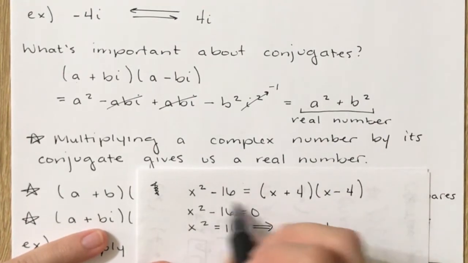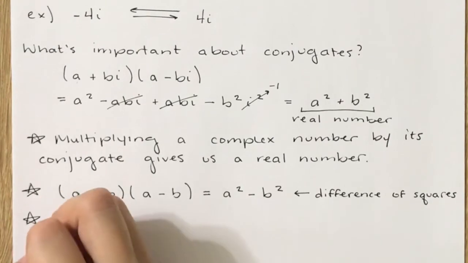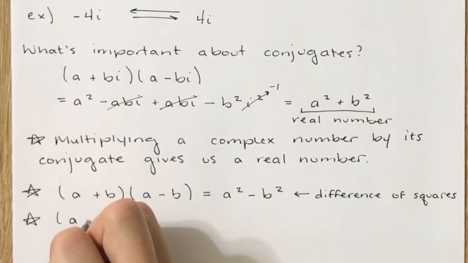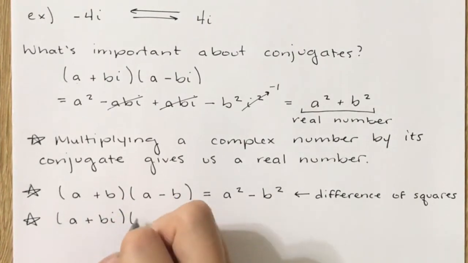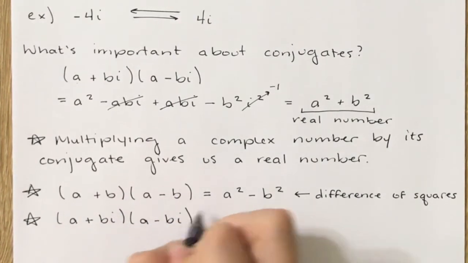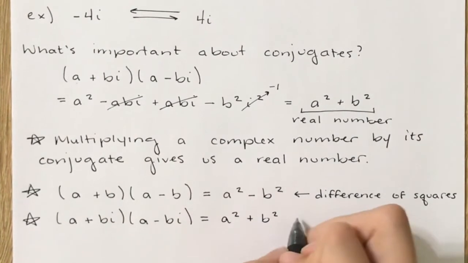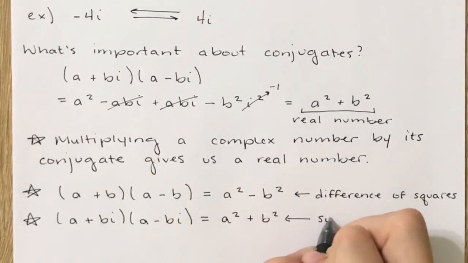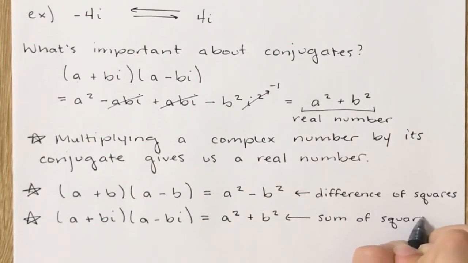So we've seen difference of squares before. What we've just talked about, a plus bi times a minus bi, gives us a squared plus b squared. This is the sum of squares, right?